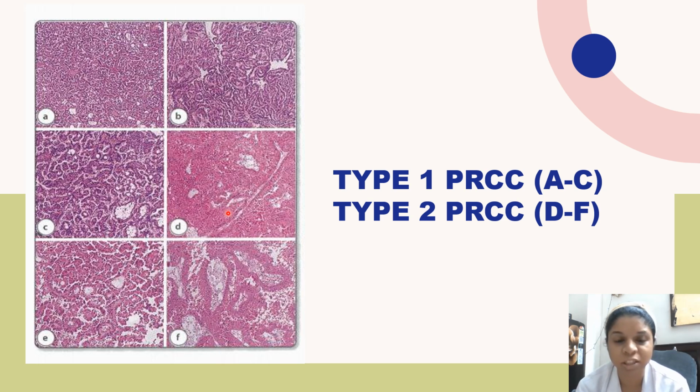So they have abundant eosinophilic cytoplasm compared to type 1, and they also can have foamy histiocytes and macrophages inside the fibrovascular core.